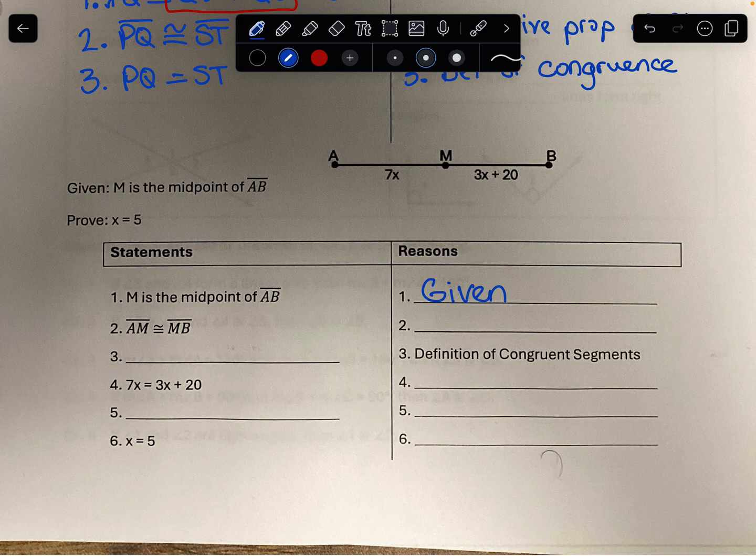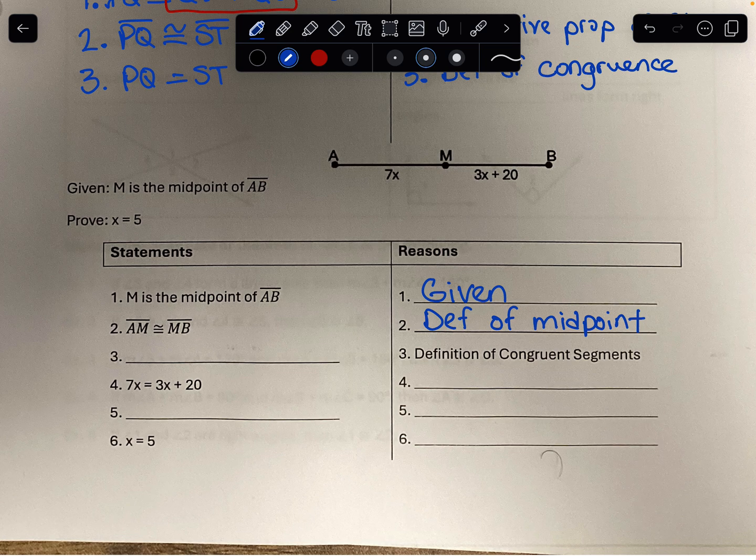Does anyone know the reason those two things are congruent? Yes, so definition of midpoint. Right? Anytime it tells you what the midpoint is and then tells you that the two parts are equal or congruent, that shows definition of midpoint.